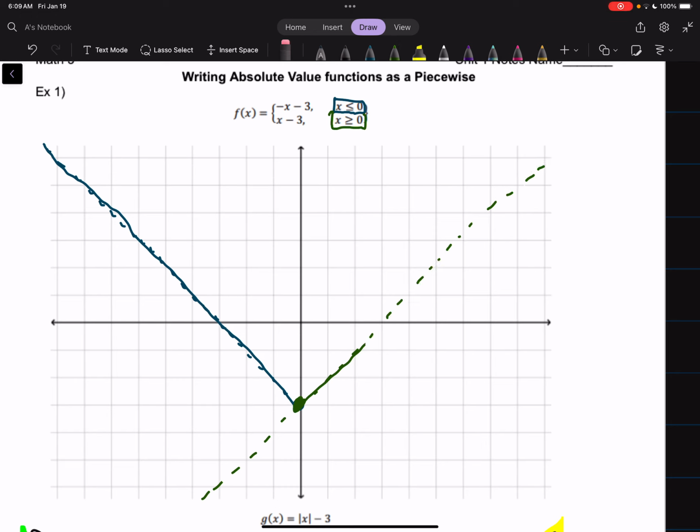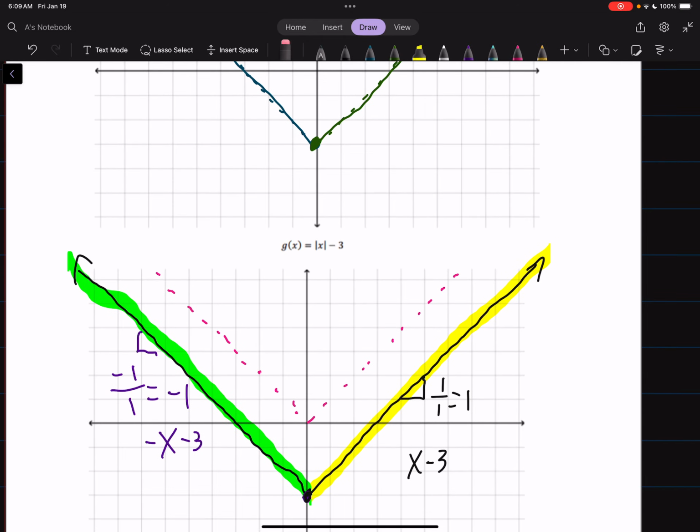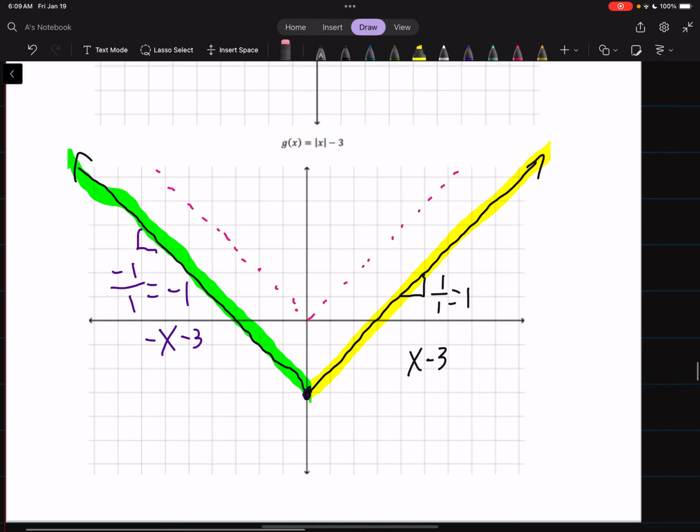Hold on, I can do that a little bit better. There we go. Once again, we can erase the excess points to the left. There is our absolute value function, and there's our piecewise that's going to look just like our absolute value.